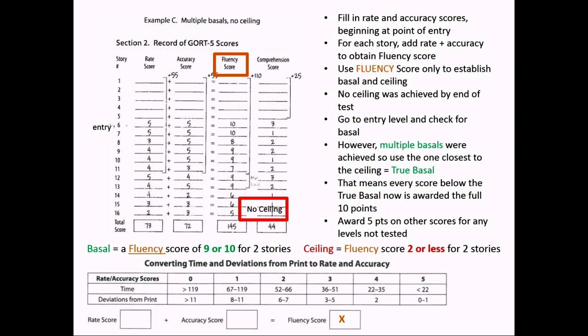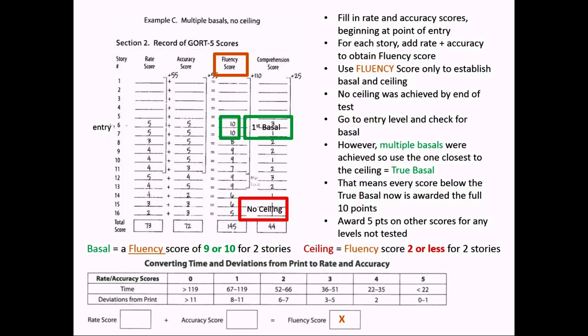All right. And we look at their entry level, and they got 10 points for each of the 2 stories after the entry level. So that means we have our basal. That means that we're going to give them credit for all of the stories below story 6, even though they didn't read any of those stories.